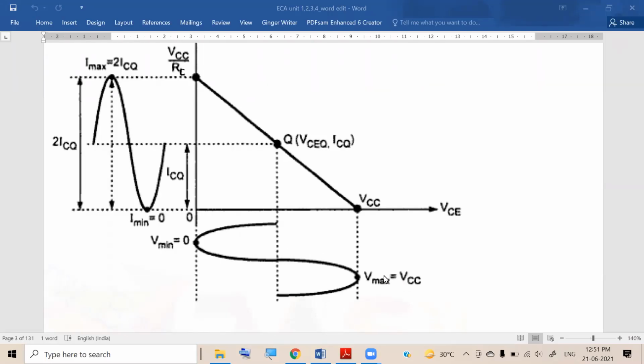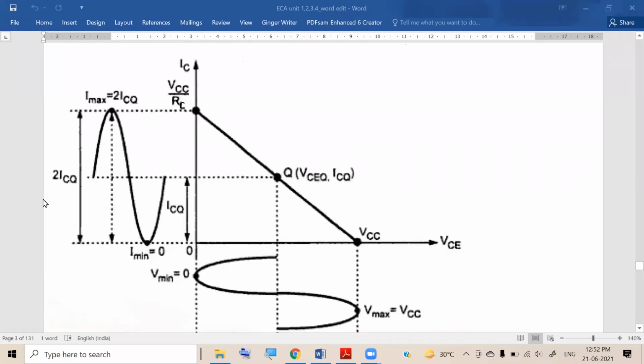Here, because the minimum value is 0, the peak to peak value is simply equal to the maximum value. This may not be the case always. That is the point I want to stress. Here it is correct. So the peak to peak collector current here is 2 ICQ.